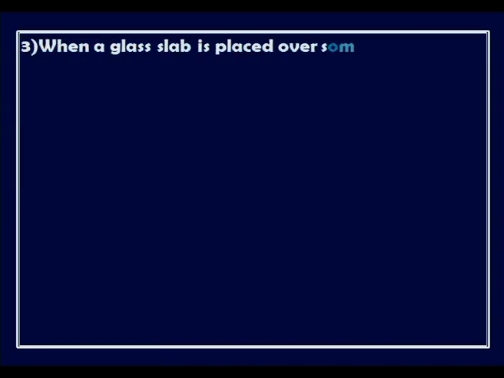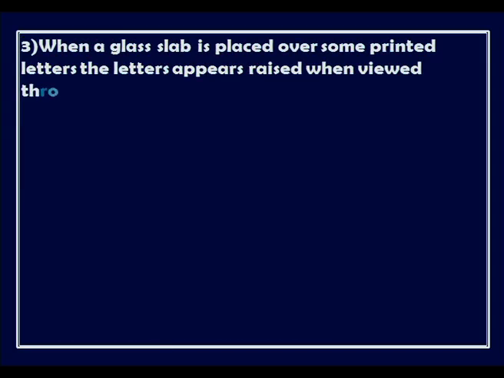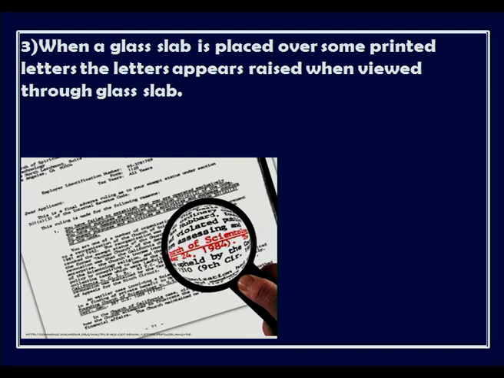Third one, when a glass slab is placed over some printed letters, the letters appear raised when viewed through the glass slab. Here we can see the letters appear to be raised.